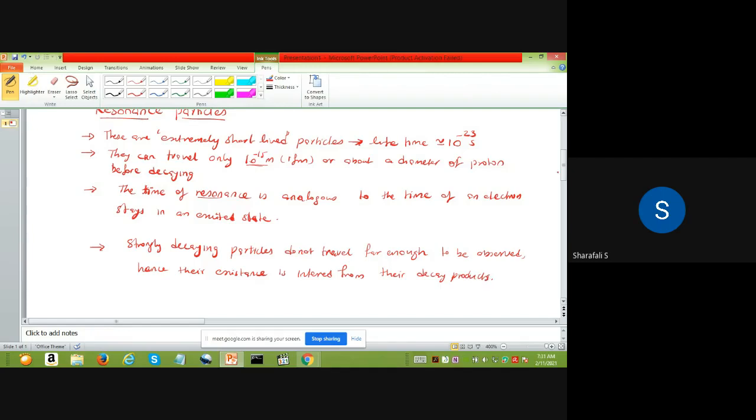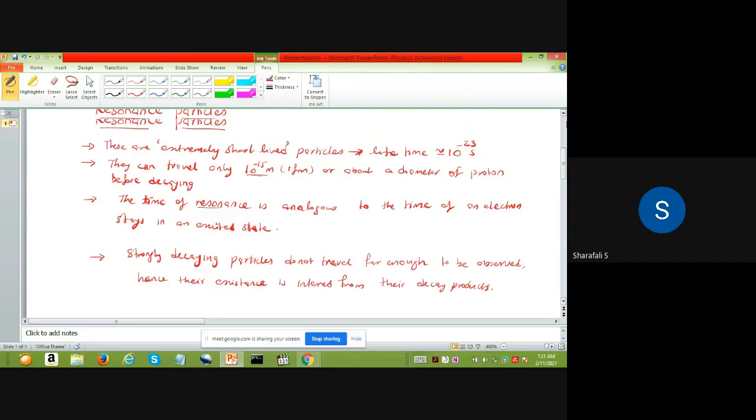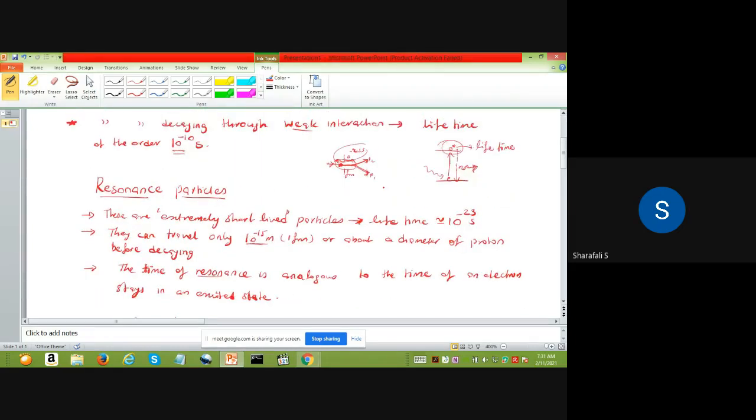What this means, if you consider this case, you will have this resonance particle moving only up to this much distance. And with the 10 raised to minus 23 seconds of lifetime, within this short time period, you cannot detect these particles.